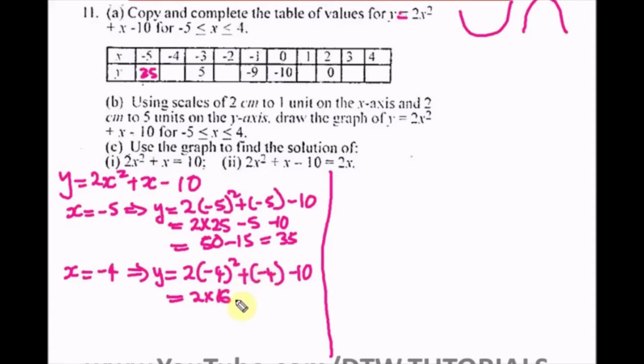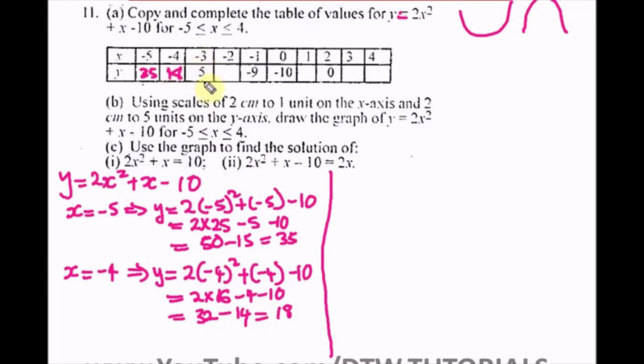Then plus times this minus will give us a negative 4, negative 10. And 2 times 16 will give us 32. And minus 4 minus 10 will give us minus 14. And 32 minus 14 will give us 18. So this is 18.